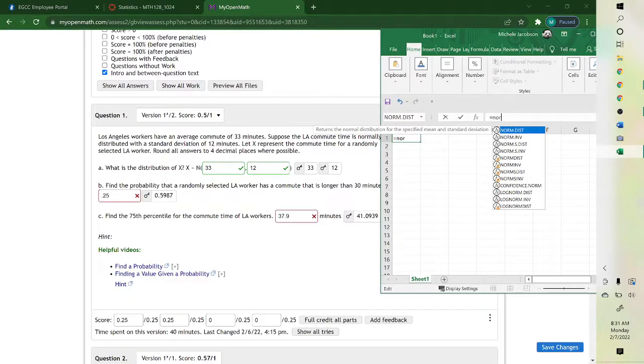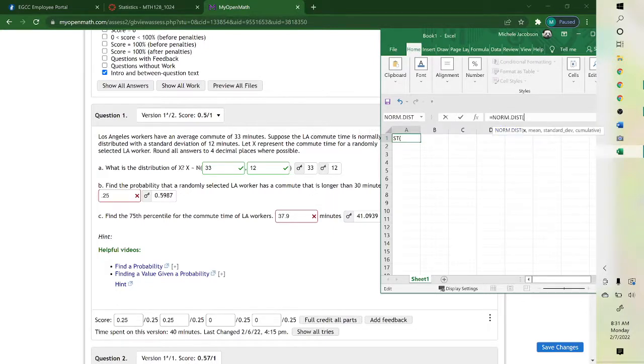There's normal distribution and normal inverse. When you want the percent, you use the normal distribution, because then you put your x value, which they said was 30 minutes, comma, your mean, 33, which is right here, standard deviation 12, and you separate these by commas.